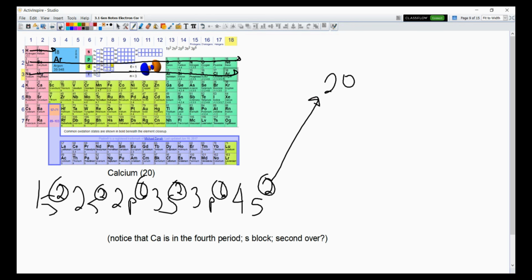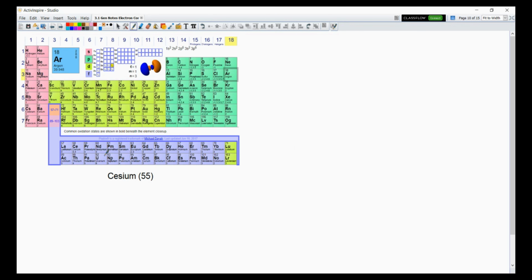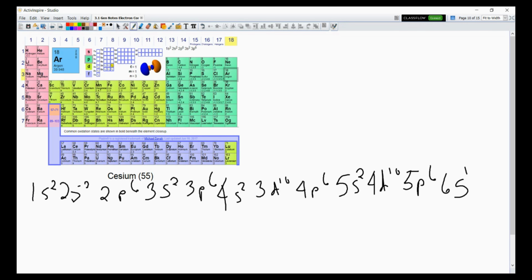Okay? All right. So for this last one, cesium, it's 55 right here. So pause the video and see if you can get the proper electron configuration. This is going to be the hardest one that you're going to have to do. Okay, so looking at cesium, we have 1s2, that's an S, 2s2, 2p6, 3s2, 3p6, 4s2.